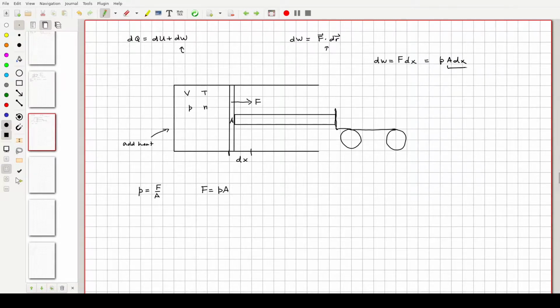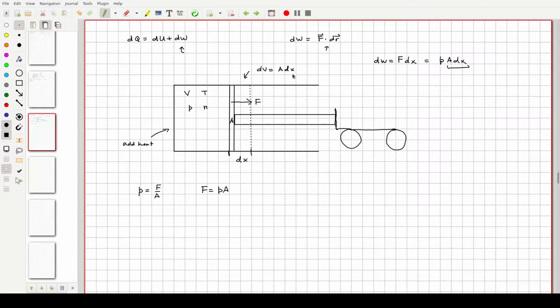Now let's take a look at A times dx. Now this thing is going to slide from here to here. So it slides over a distance of dx. A does not change. What you're looking at right here is a change in volume. Your change in volume is the area times the change in displacement along this way.